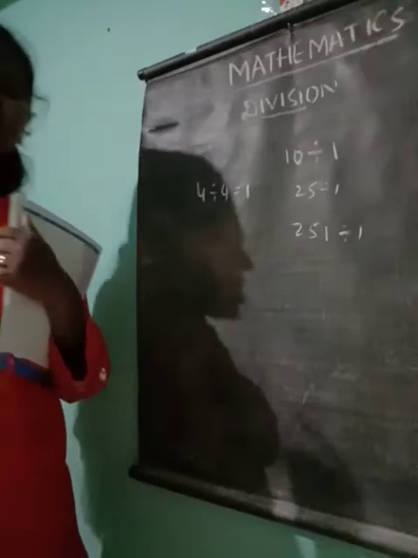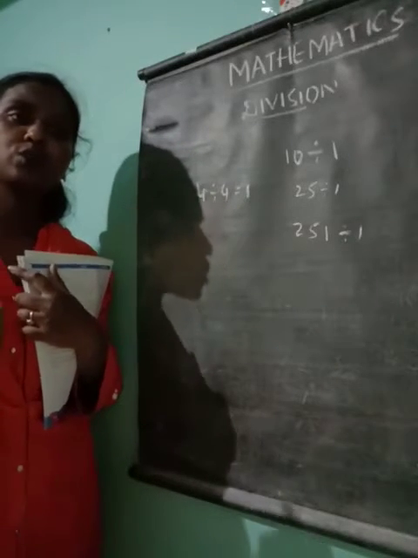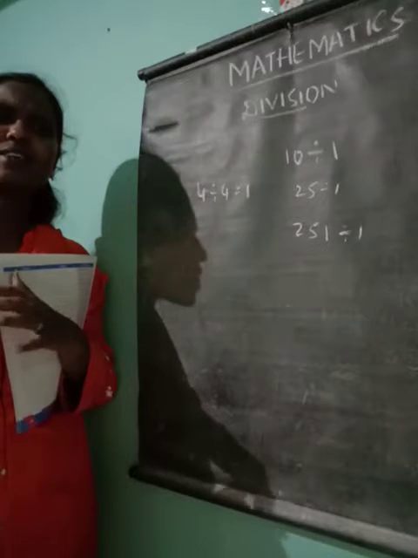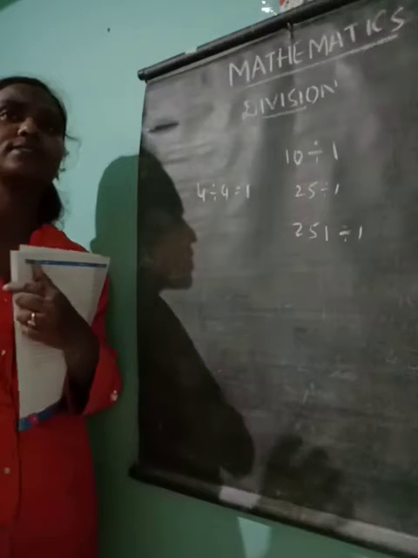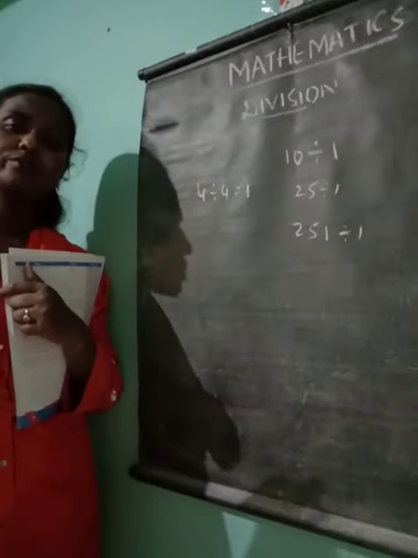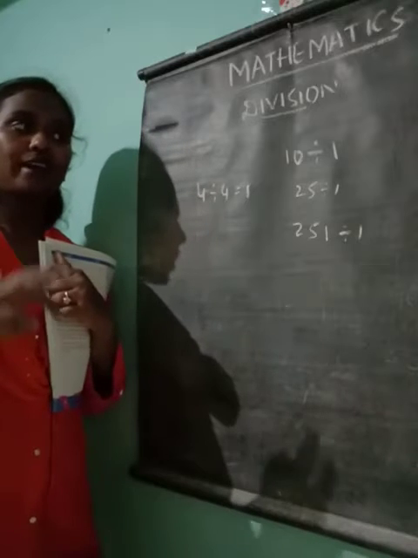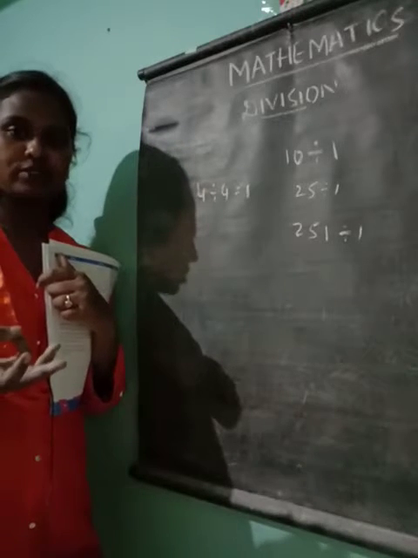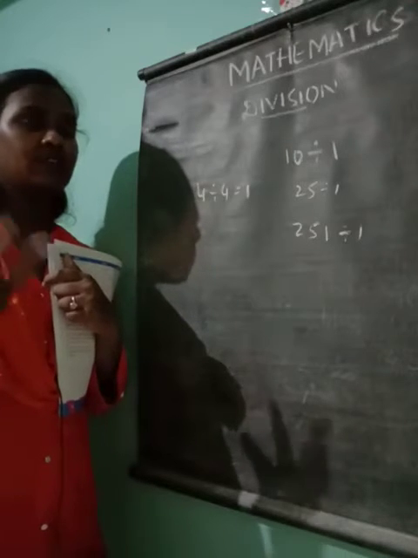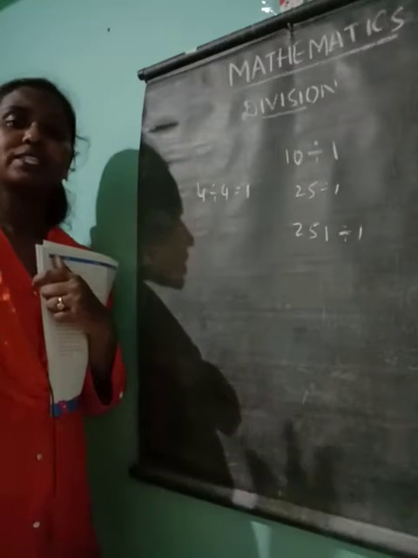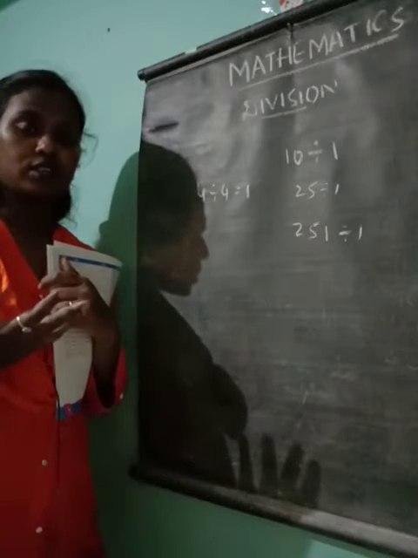So if any number is divided by 0, 0 is an infinite number. In addition and subtraction, if we add or subtract 0, the answer is the number itself, right?